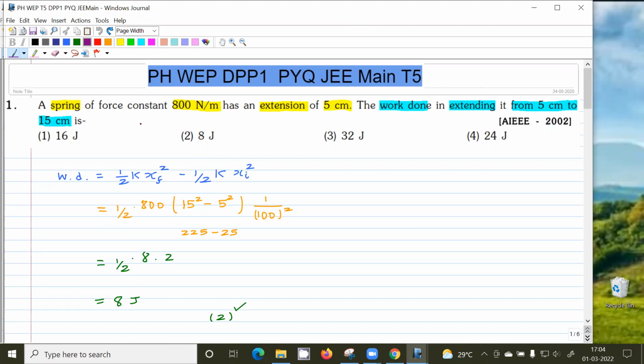Okay, this one: spring constant 800, with resistance. Find the work done when extended from 5 to 15 centimeters. This is a trivial question.